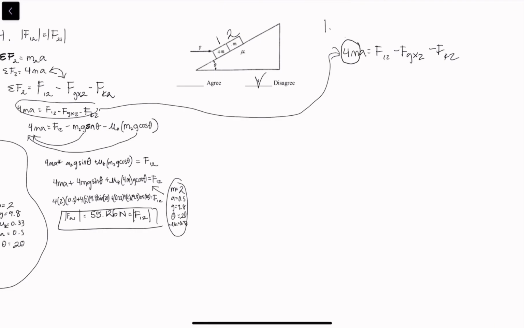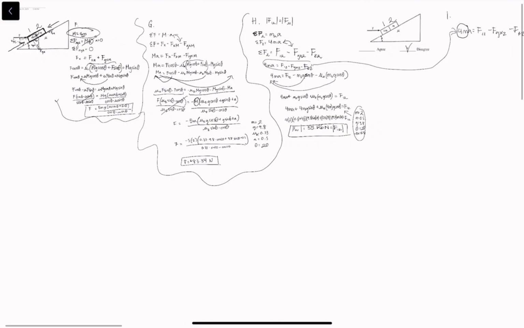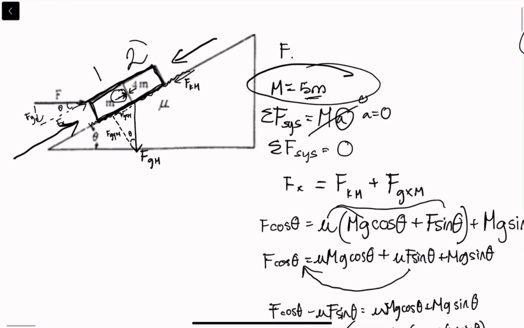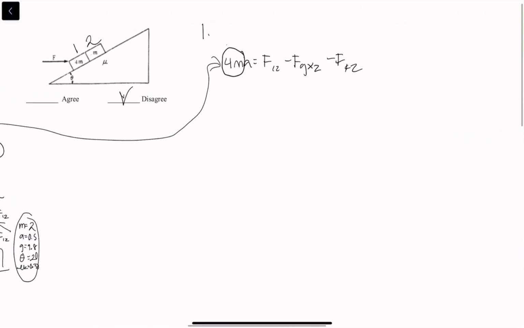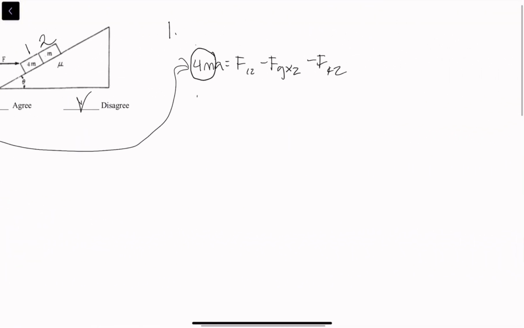Now this statement was only true in the original picture, this one, because block 2 had the mass of 4m. So this is really this statement in the context of the original problem.